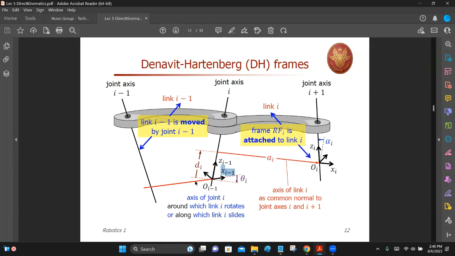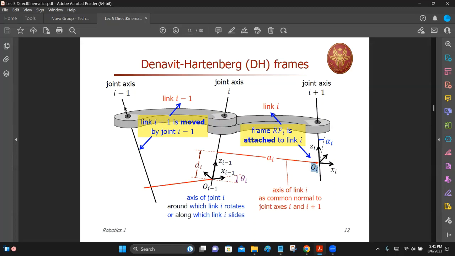So I have the previous link and the coordinate frame attached to that link over here, and then move it upward. There is no coordinate frame at this point, and then move it along the link to the joint I plus 1. And at that point, you have OI, the coordinate frame of the link. So to put everything in line, I would say this.